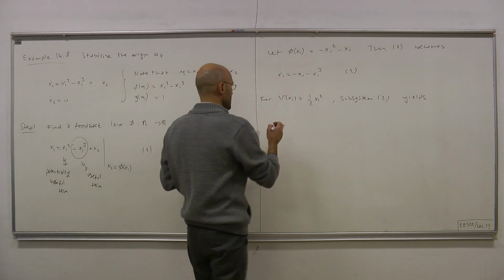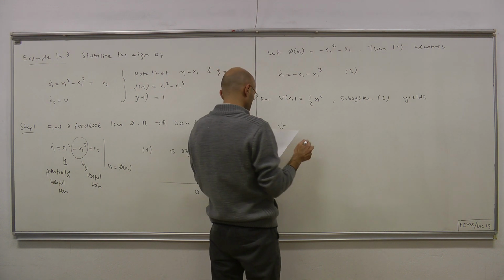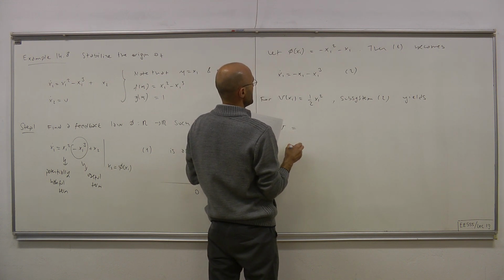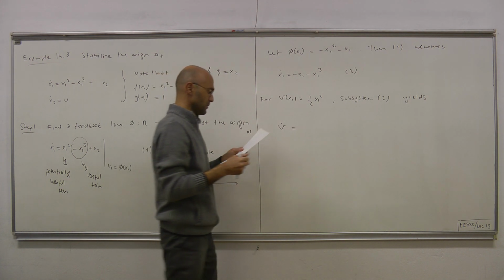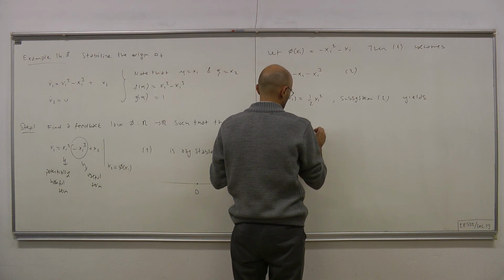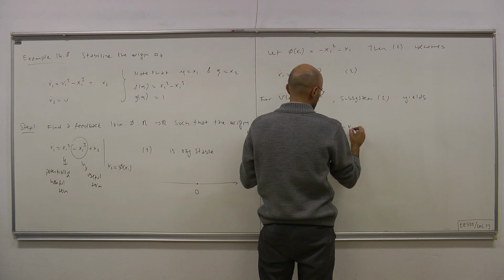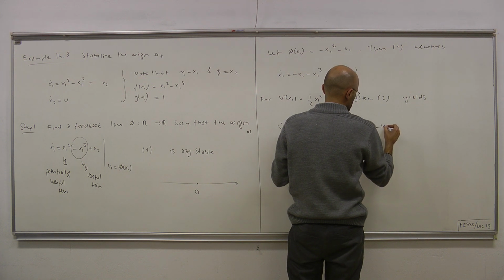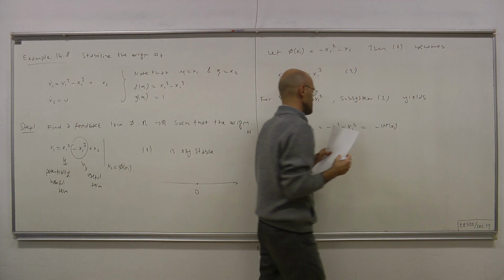So what's V dot? V dot is x1 times x1 dot. And that's x1 times this thing, which yields minus x1 squared minus x1 to the 4. Let's call it minus W of x1.